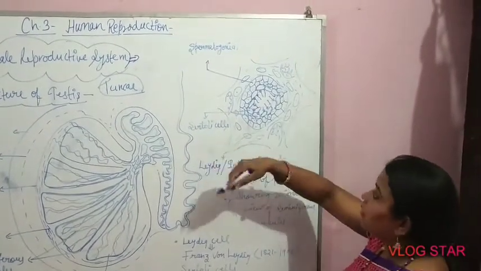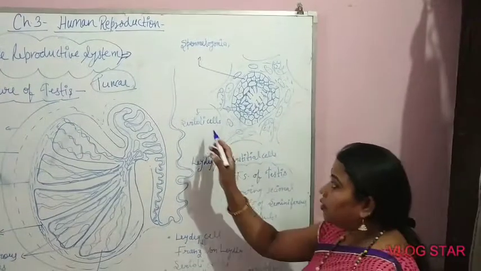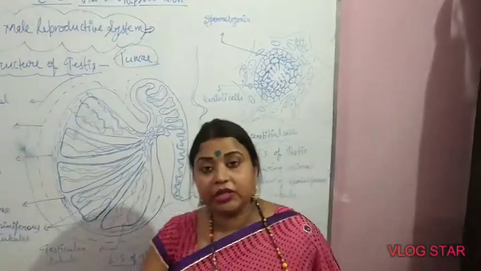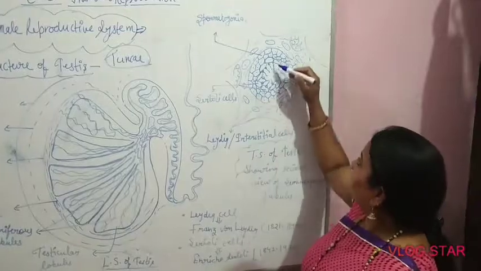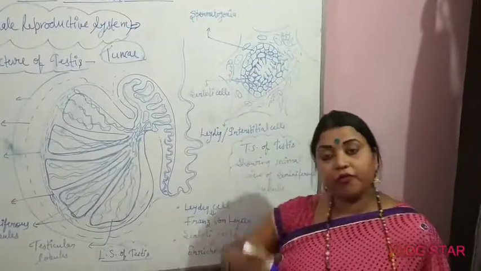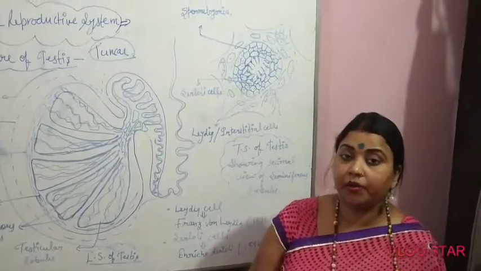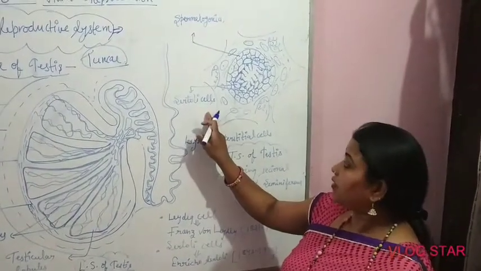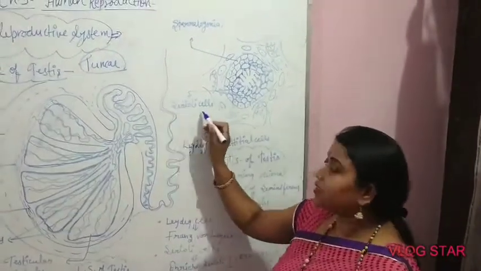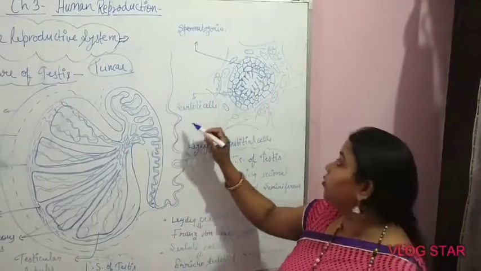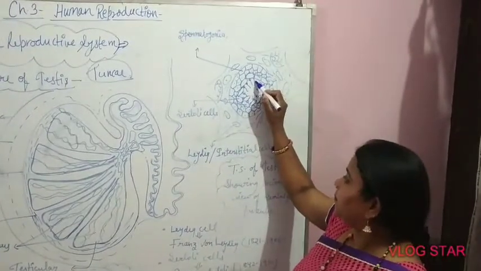Sertoli cells provide nutrition to the developing sperms under the influence of FSH. FSH is secreted by the anterior pituitary. By the influence of FSH, Sertoli cells provide nutrition to the developing sperms.